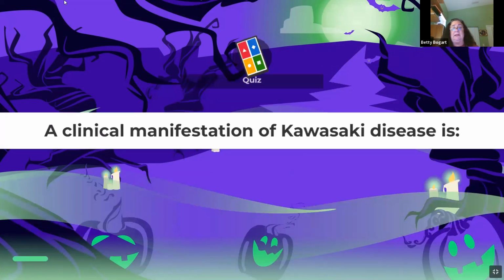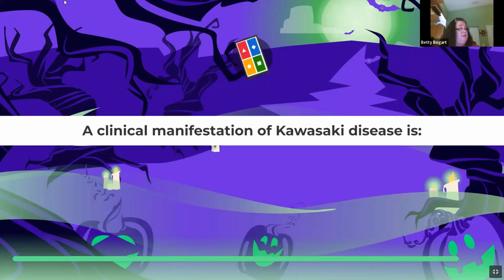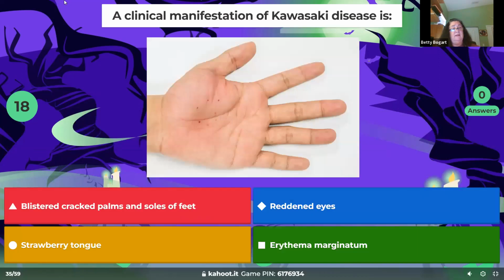A multi-select. A clinical manifestation of Kawasaki disease is.